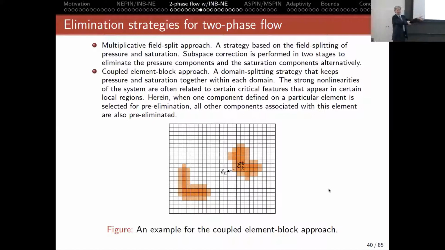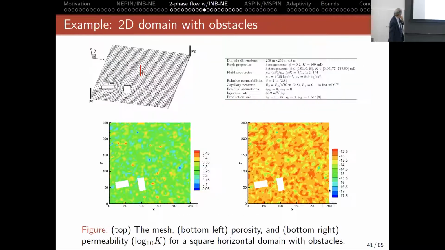Let's eliminate them separately, and then the saturation, and then feed those two into the global Newton. So the first one there is that multiplicative field split approach, pressure, saturation. And the second one treats pressure and saturation together with a geometrically isolated subset of points.